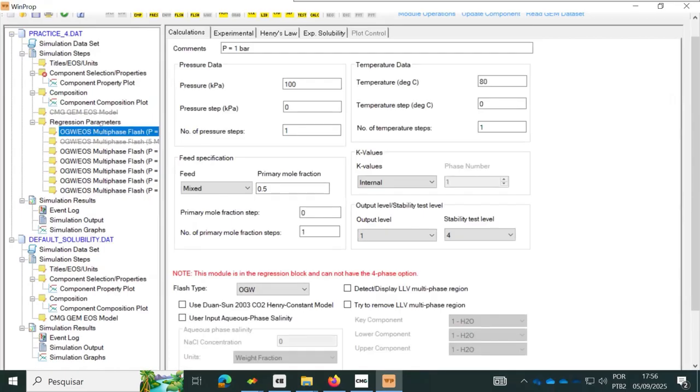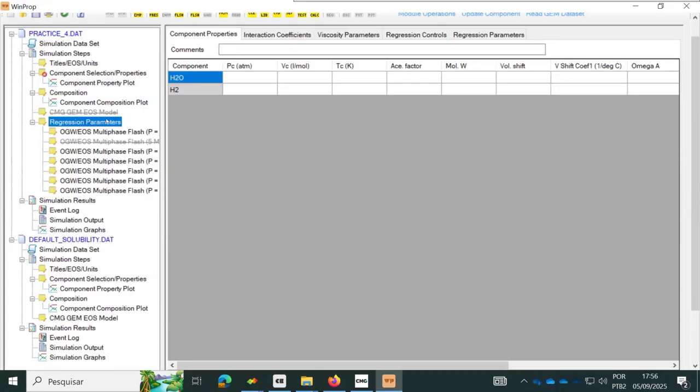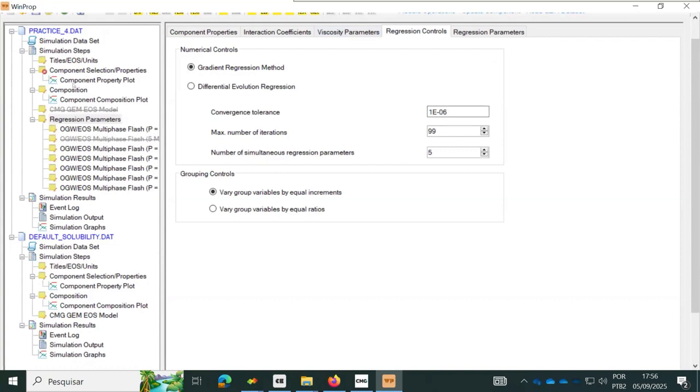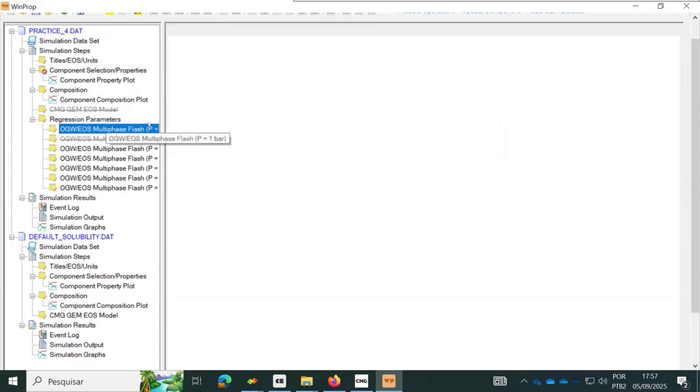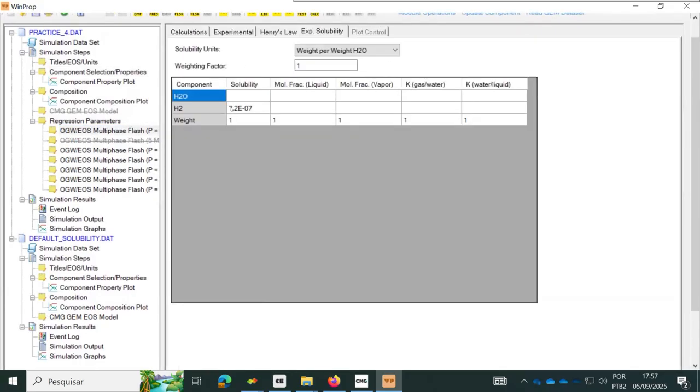So this is the goal of this part. So this practice 4, we got some data to regress. In this case, to regress, we don't need to include the concentration, because the effect of the salt is included in the data. The idea is the solubility that is set in this field already has the effect of the salinity on that.